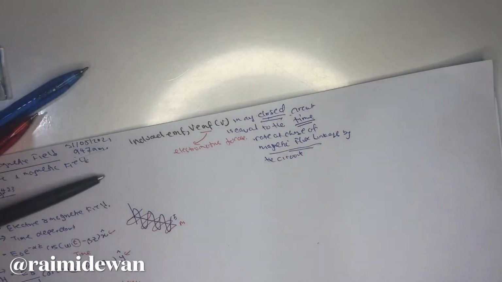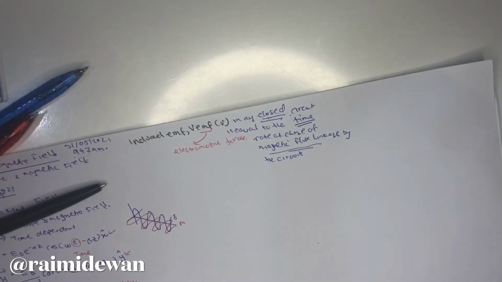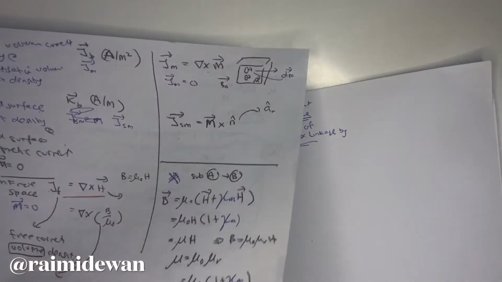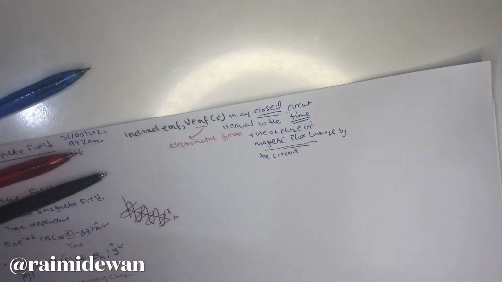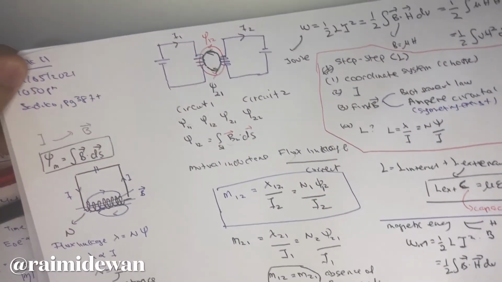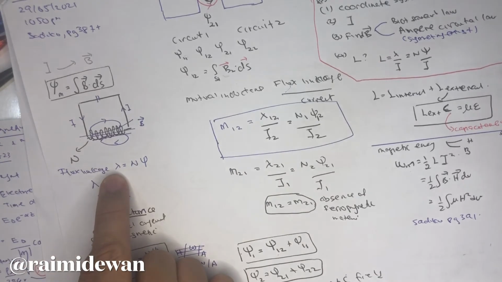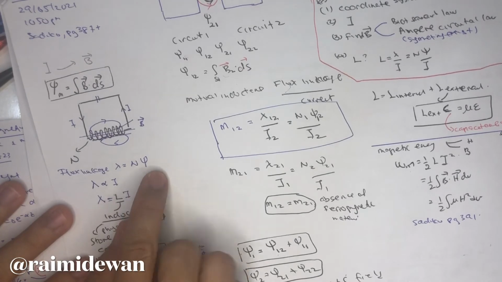From the previous lecture, in the magnetostatic field, in week 11, you learned about the flux linkage, where lambda, your flux linkage, is equal to N flux. So we're going to use this again.